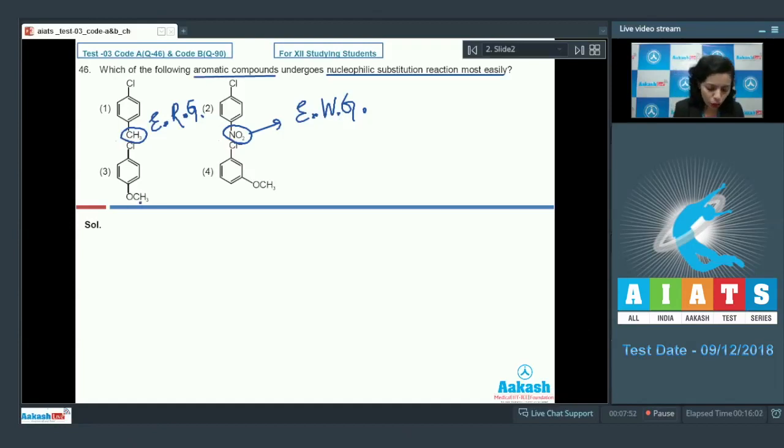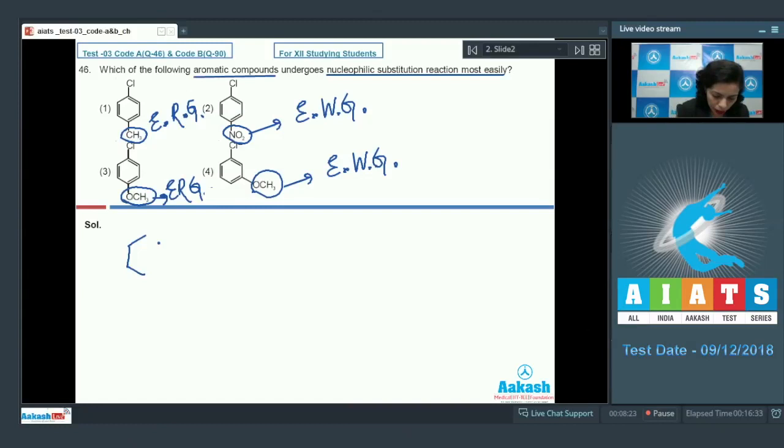But let's check the further options also. This next group is present at the para position to this chloro, but this is electron releasing again. And if we talk about this methoxy group once again, let's see how an electron withdrawing group increases the reactivity towards nucleophilic substitution.